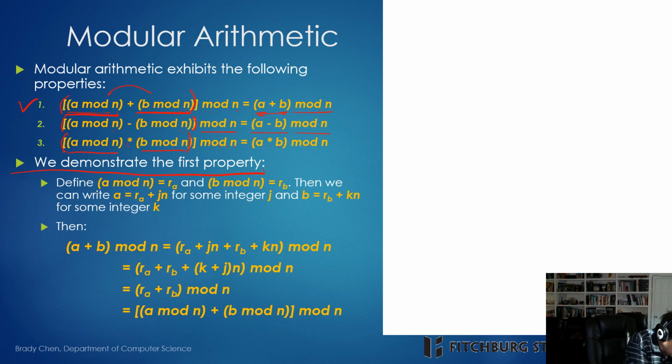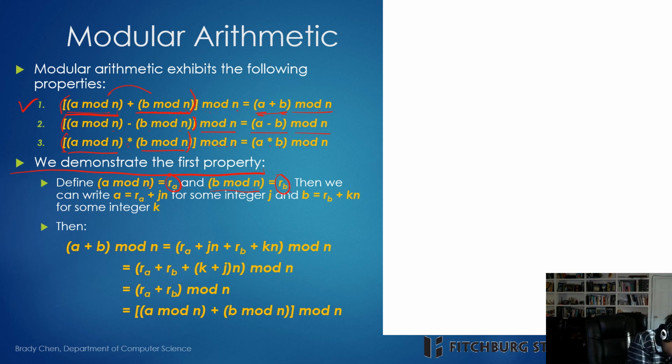So now let's assume that A mod n equals Ra, and B mod n is Rb. So we know that Ra is the remainder when A is divided by n, because that's the definition of the modular operation. And that means when B is divided by n, the remainder is Rb.